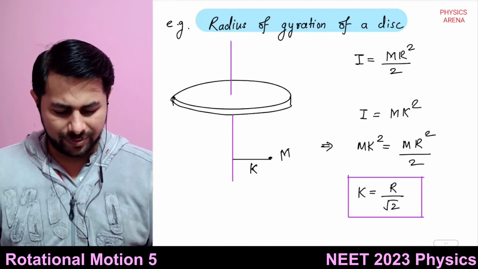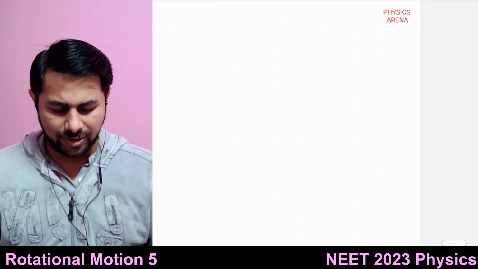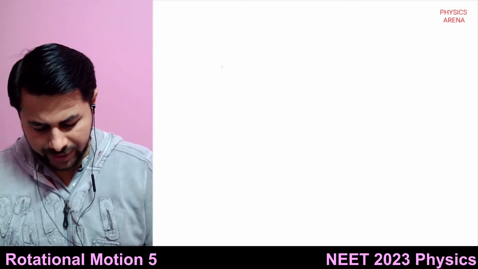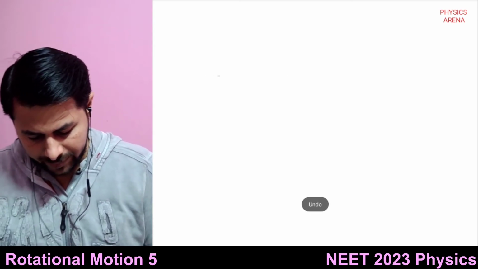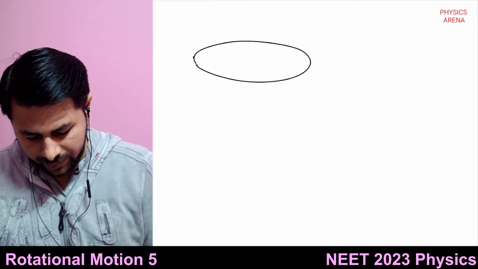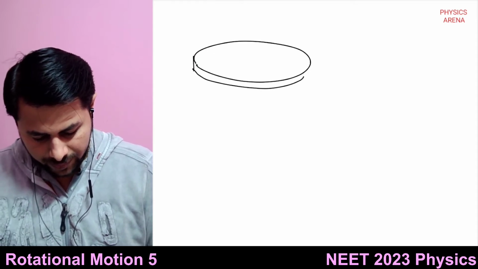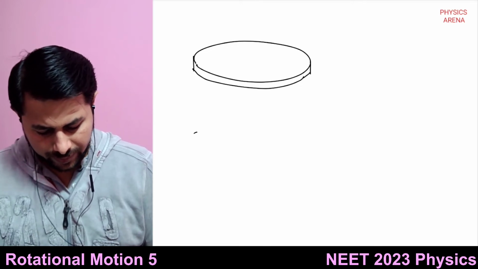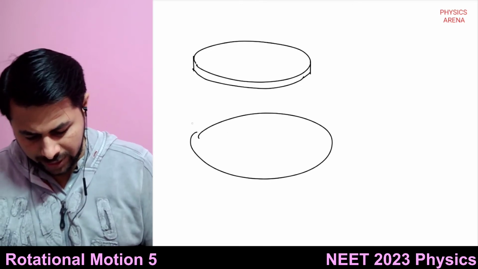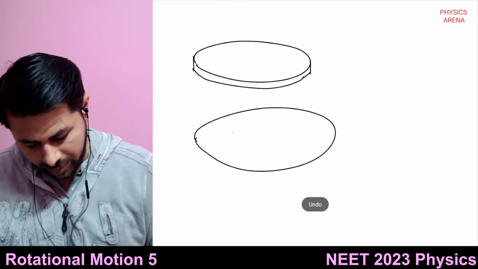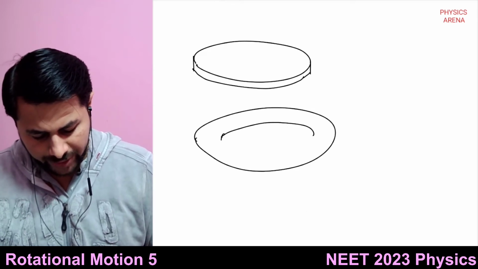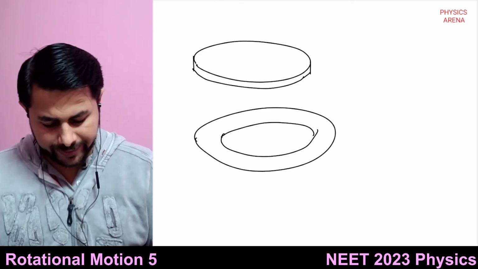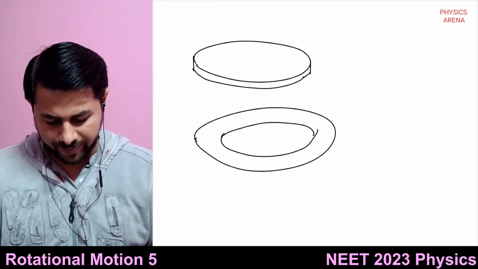So for an example, let's suppose we have two kinds of wheels. One is a disc shaped wheel, and one is a wheel like this. In general, whatever wheels we have for our bikes, cars, bicycles, are of this shape.